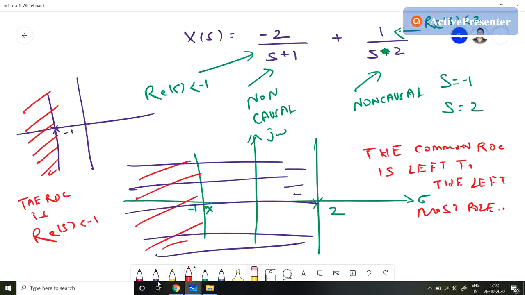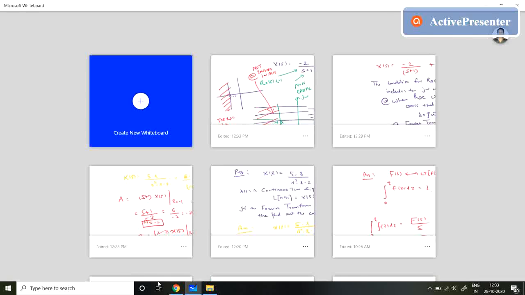But the important point is that this ROC does not include the j omega axis. It means both signals being non-causal is not possible; that first condition is not true. So let us discuss another condition.